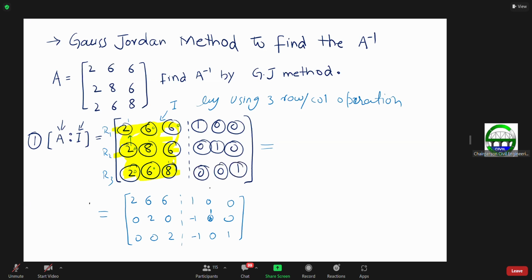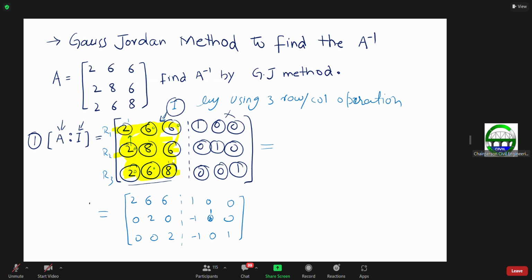Our main agenda is to make this highlighted portion an identity matrix, and we don't care about this one. To do so, we have to apply either column or row operations.